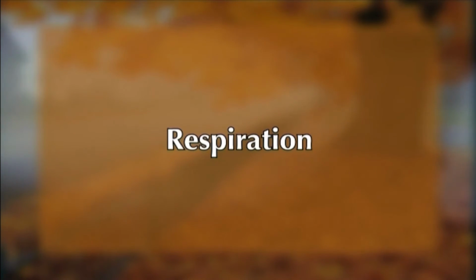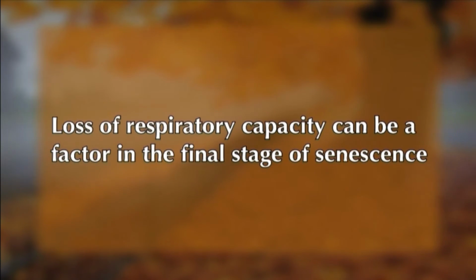Number 2, respiration. The respiratory apparatus of senescing tissue remains active until late in senescence and then declines rapidly. Loss of respiratory capacity can be a factor in the final stage of senescence, whereas there is evidence that the initial stage of senescence is not linked with respiratory decline.